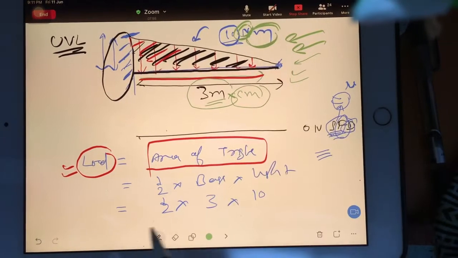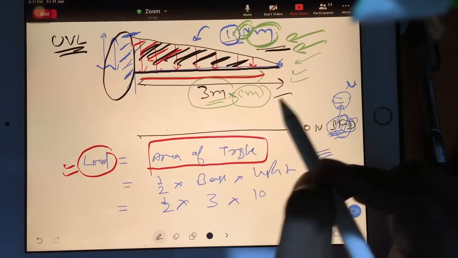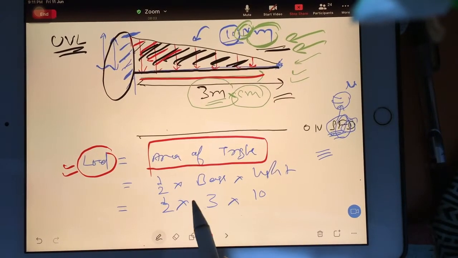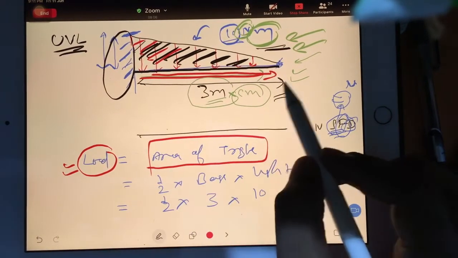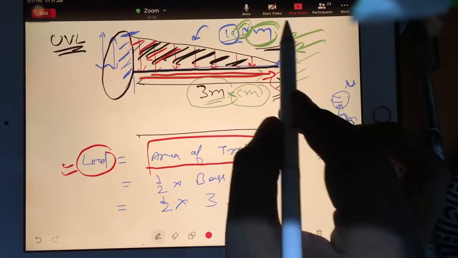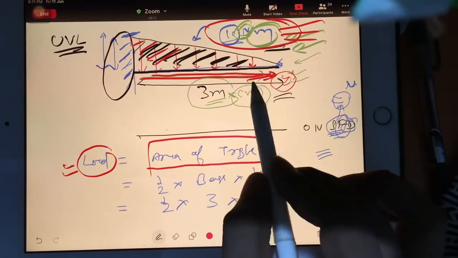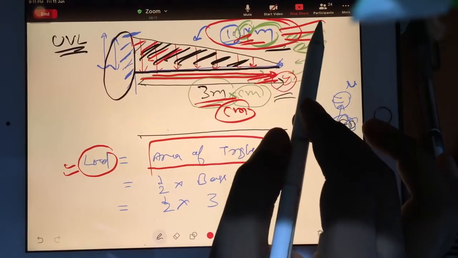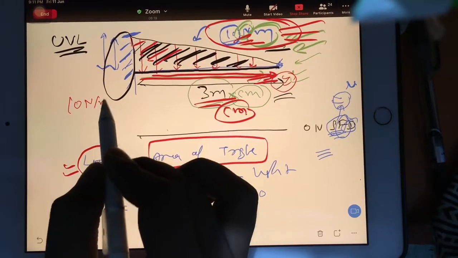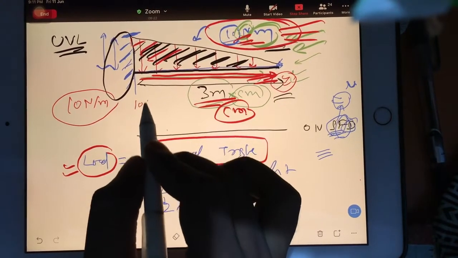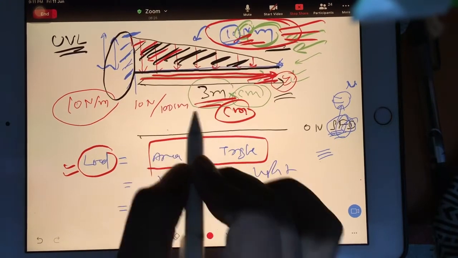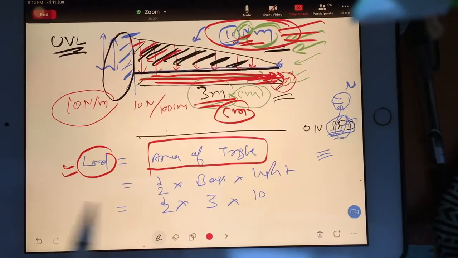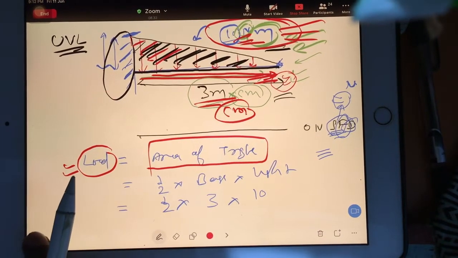So you have to make both uniform. The unit of the loading should match the unit of the beam. If the beam is given in centimeter, convert your loading into per centimeter. If the loading is 10 Newton per meter, convert it into 10 Newton by 100 centimeter.